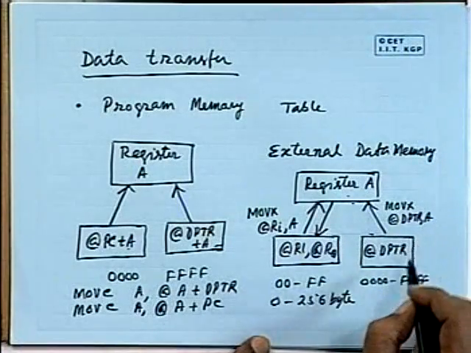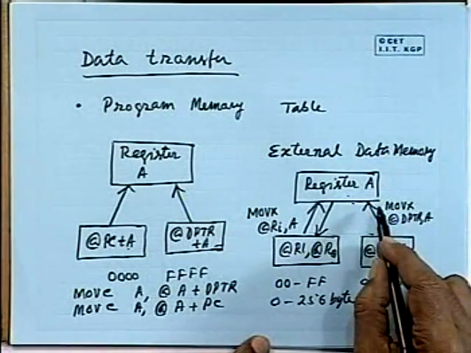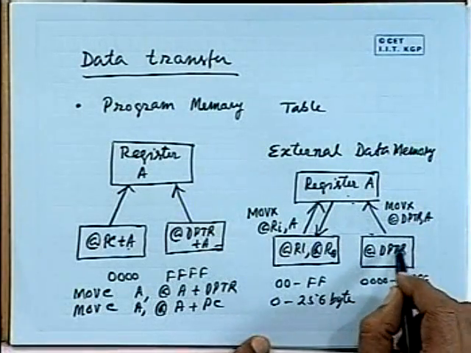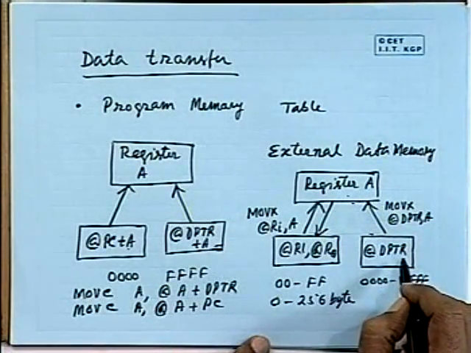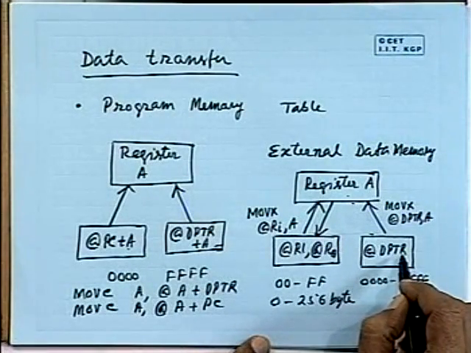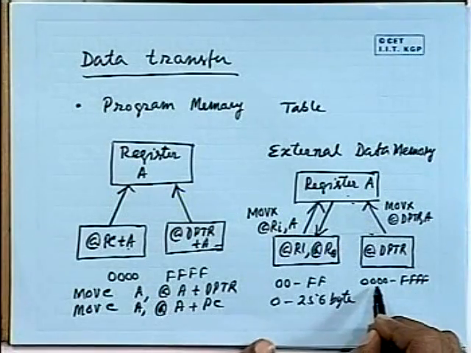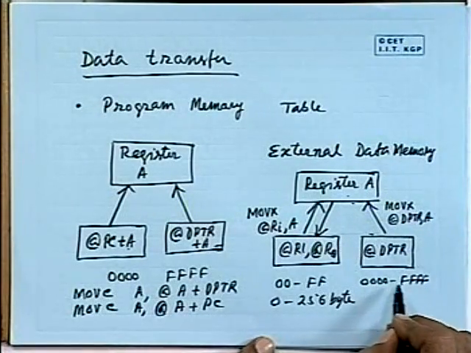Also you can transfer from any byte in the data space by using the data pointer as the pointer register. In this case the address space can be from 0000 to FFFF.